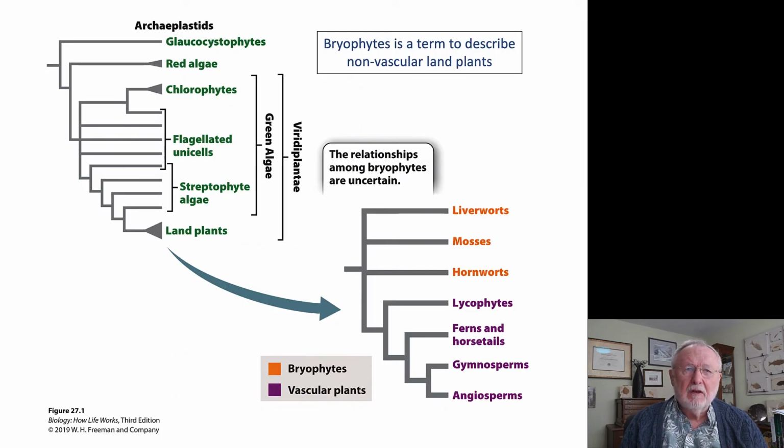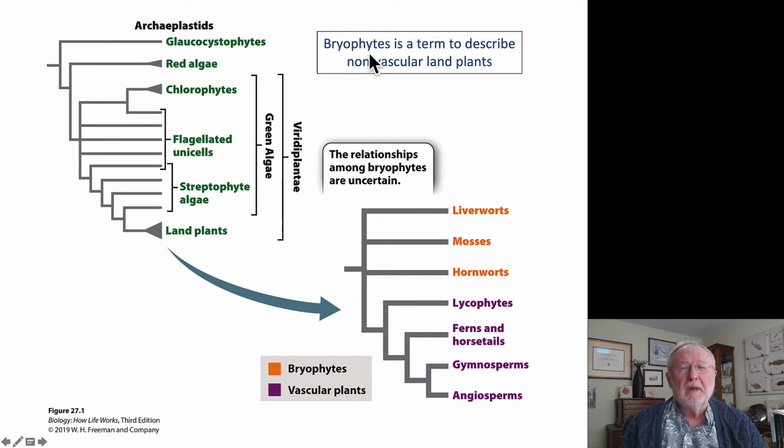If we begin to look at the initial invasion of plants on land using a tree here, we find that they are derived from the green algae. So the green algae branch gives rise to higher plants. The first higher plants to have arisen are the liverworts, the mosses, and the hornworts. They go by a term called bryophytes.